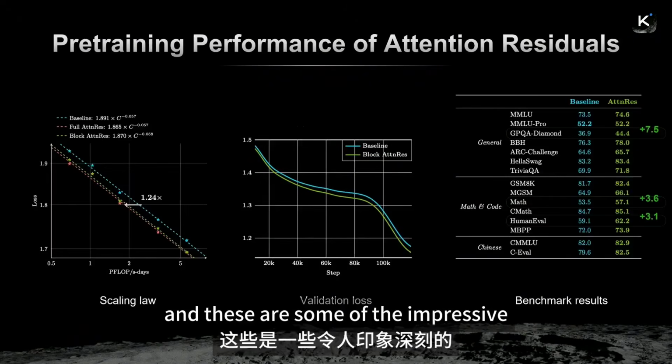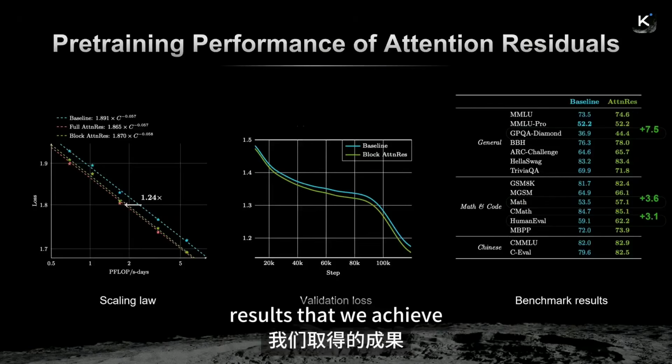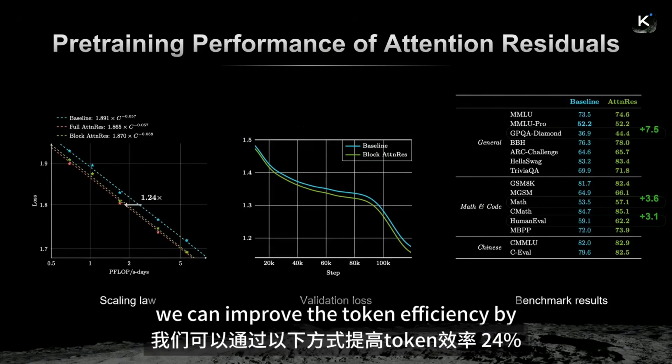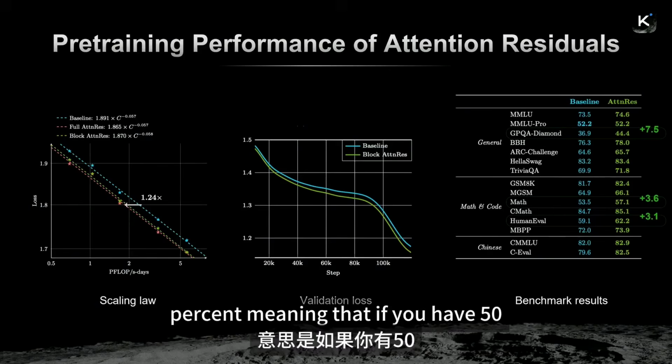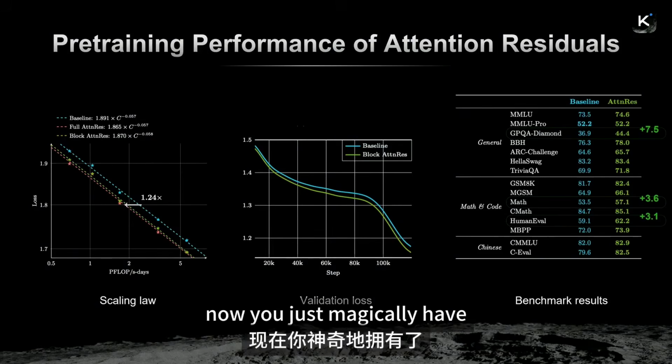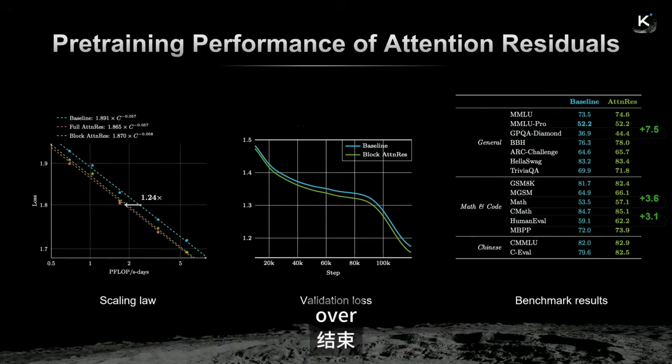And these are some of the impressive results that we achieve with this new architecture. On the scaling law, we can improve the token efficiency by 24%, meaning that if you have 50 trillion high-quality tokens, now you just magically have over 60 trillion tokens.